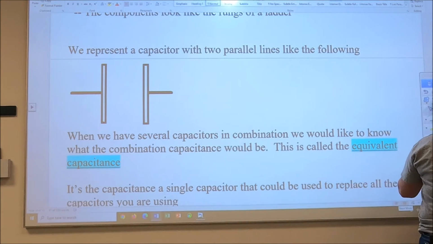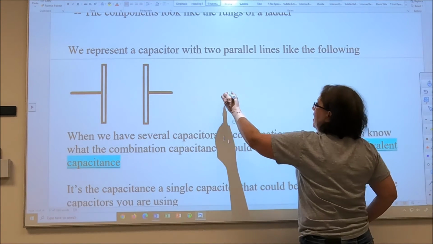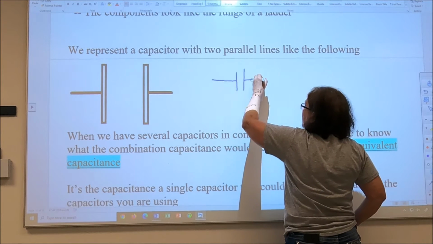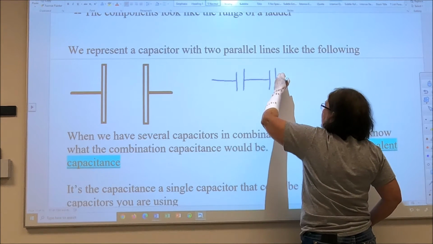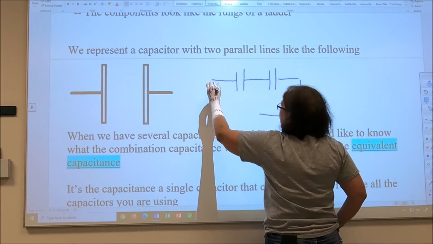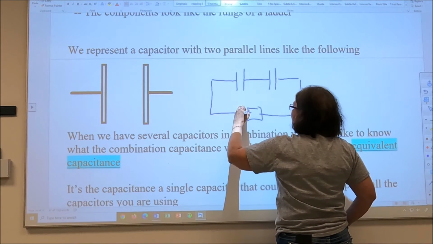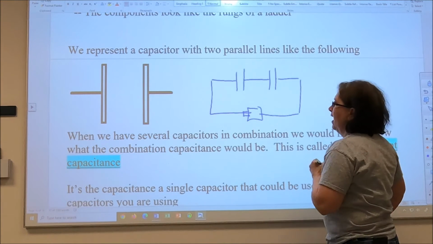Quite often, let's say if I wanted to represent some capacitors in series, I could draw them like this. For right now, I'm just going to draw my battery like that.